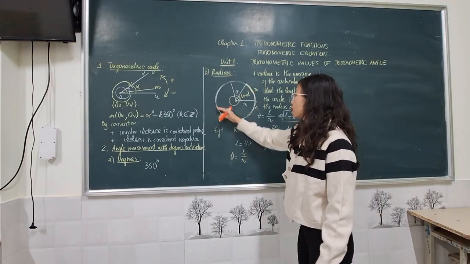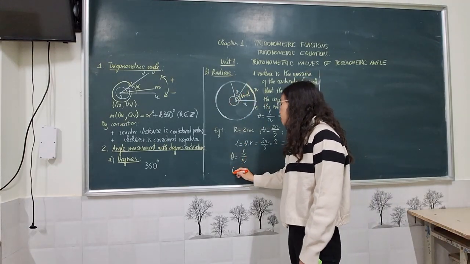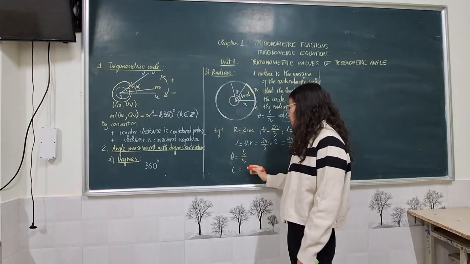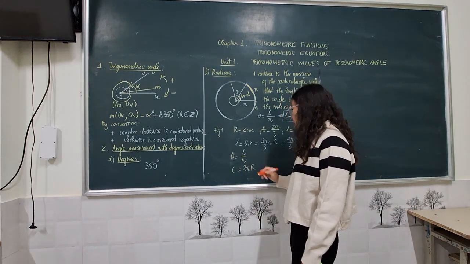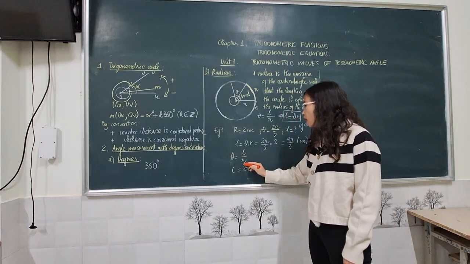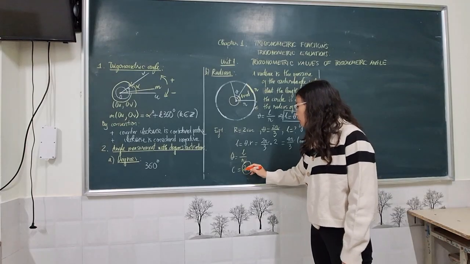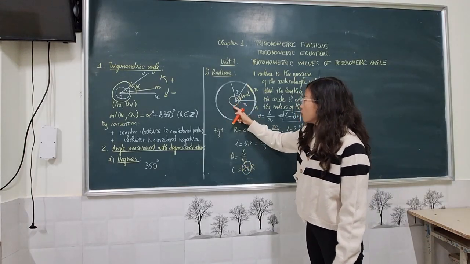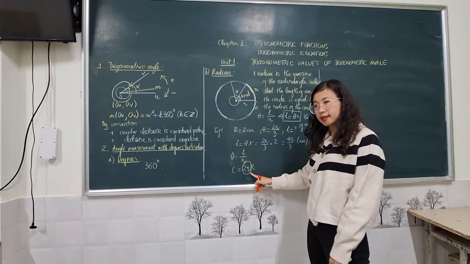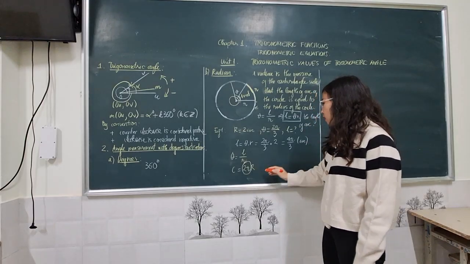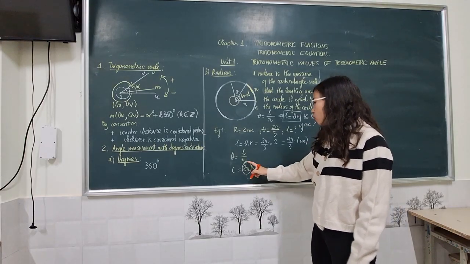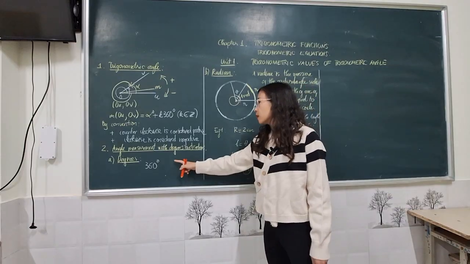The length of a full circle is called the circumference, which equals 2 pi r. So that means the center angle in a full circle is 2 pi. So now let's find the relationship between radians and degrees.